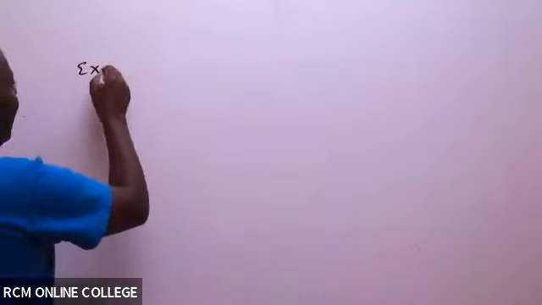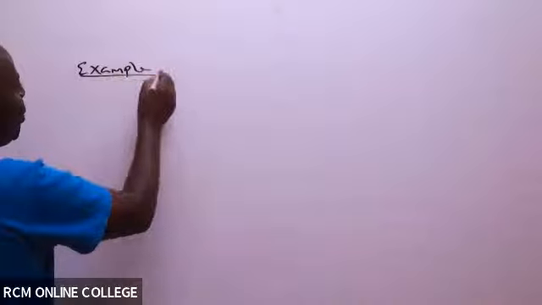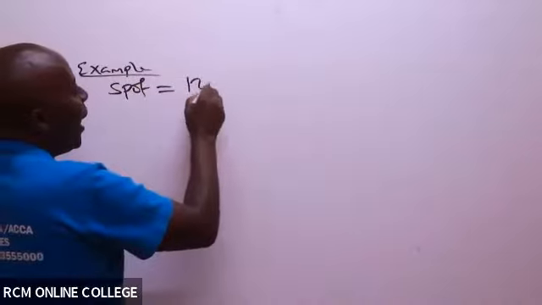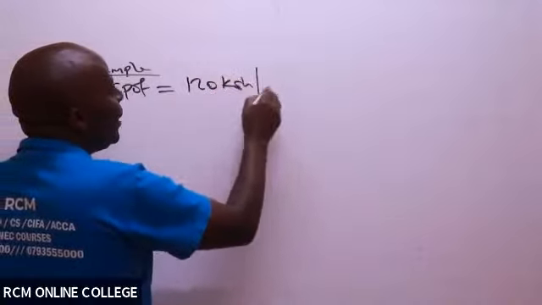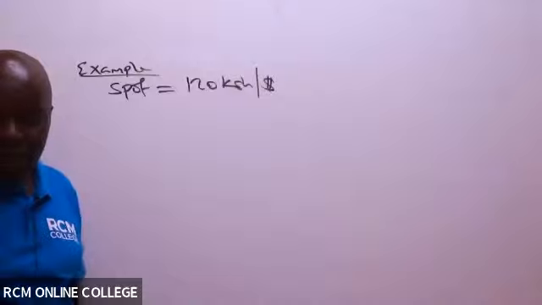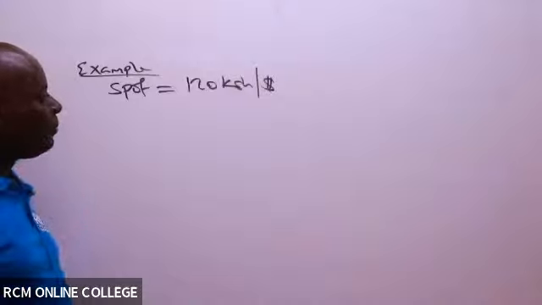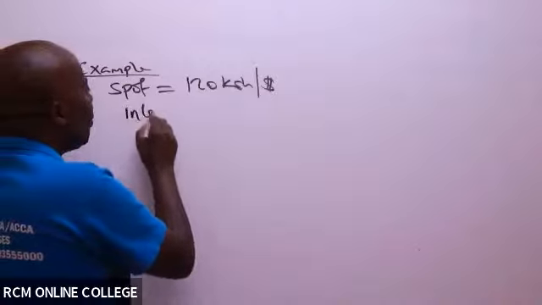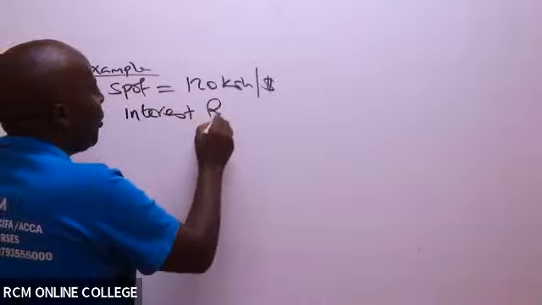All right, so example. We have a situation where the spot has been given to us: 120 Kenya shillings per dollar. That is spot. In this case, they have given us interest rates.